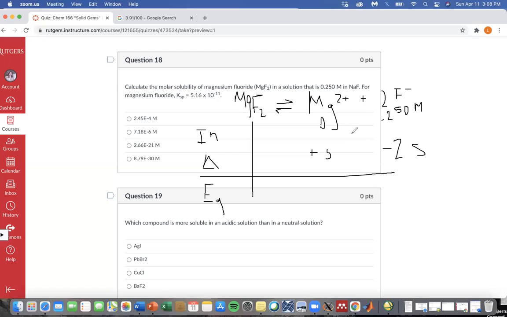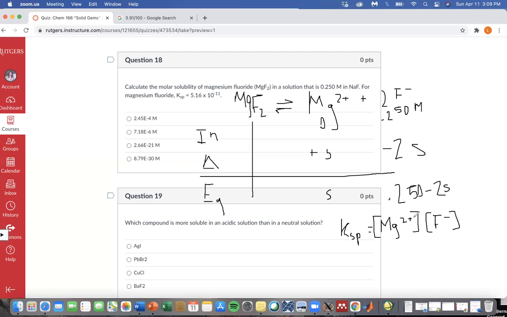And so you'd end up having S, and you'd have 0.250 minus 2S. Then your KSP expression is going to be KSP equals Mg2+ times F- squared.